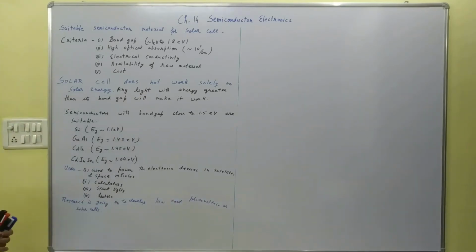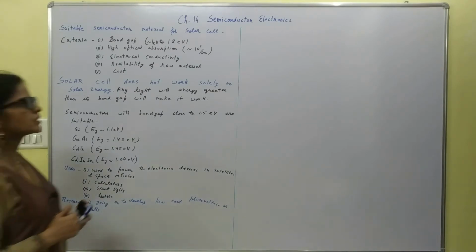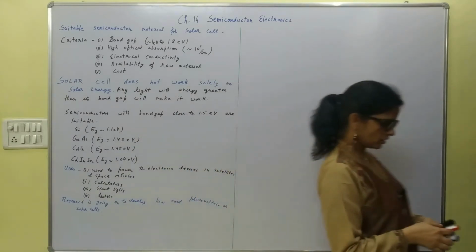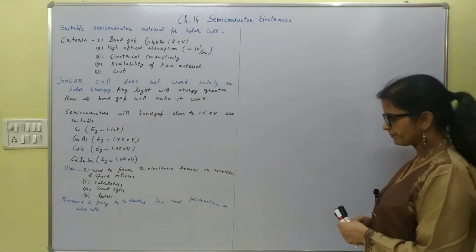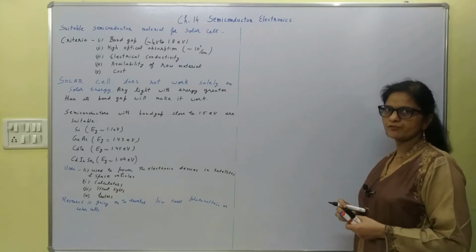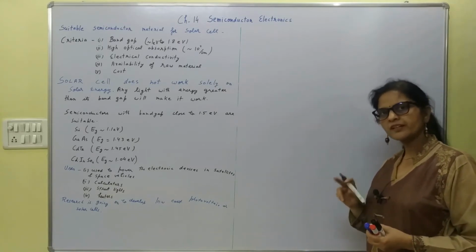Right? This question is often asked, that why do we prefer silicon or gallium arsenide to make solar cells? Now this is explained on the basis of the solar radiation spectrum.